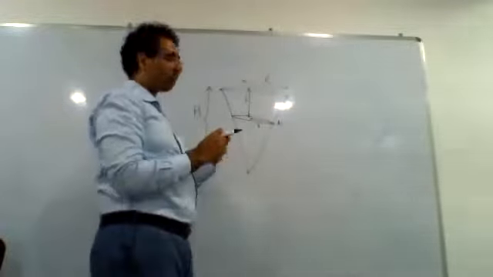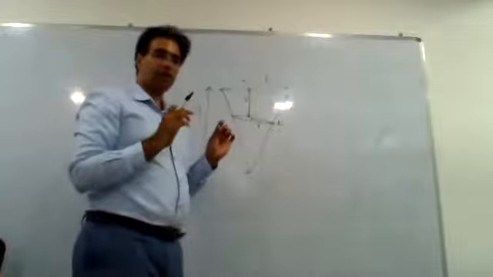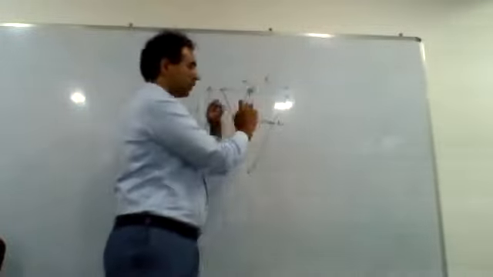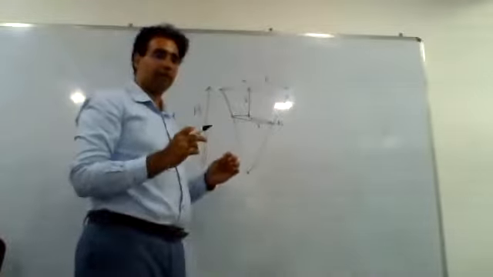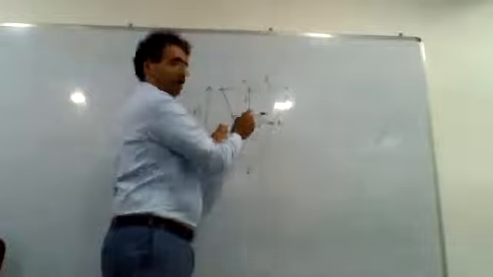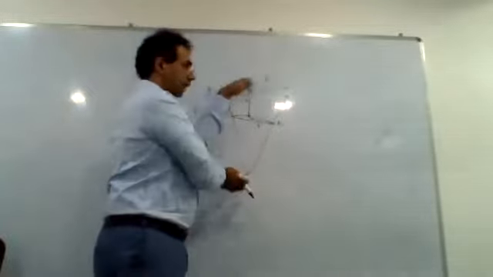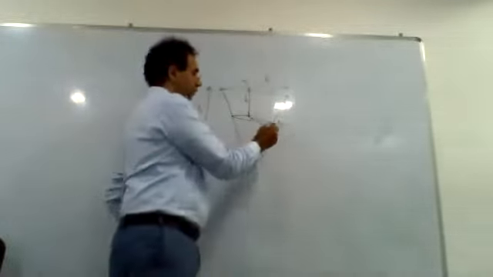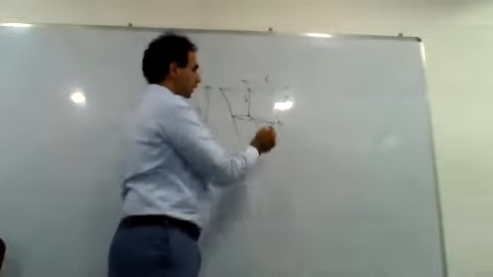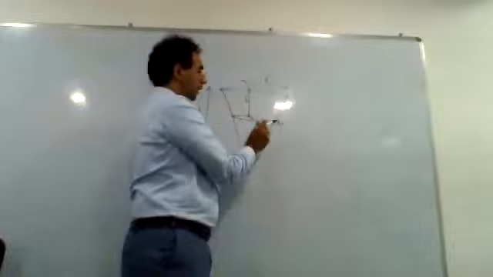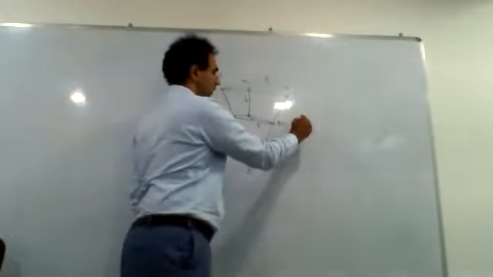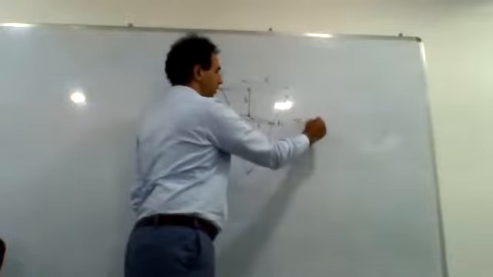This small slice of height dh behaves like a cylinder because the height is so small that you don't see the tapering that you would see in the larger cone. So this section with the height dh is actually a cylinder with radius small r and height dh. The volume of this small slice is pi small r square dh.